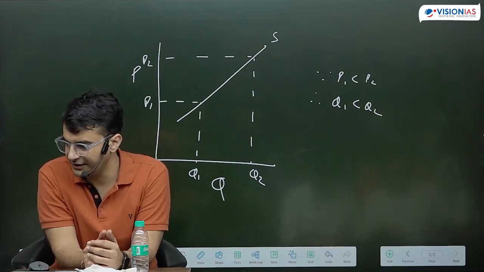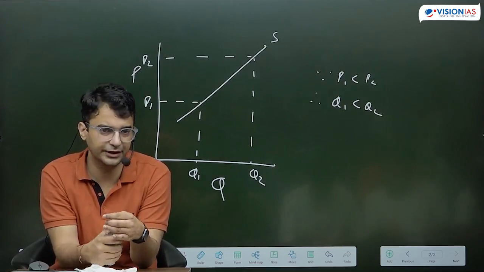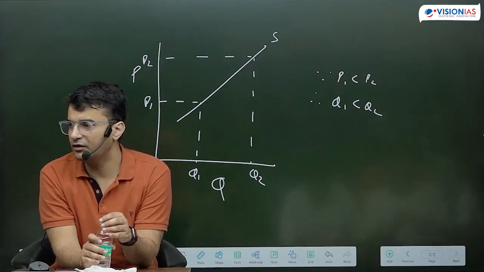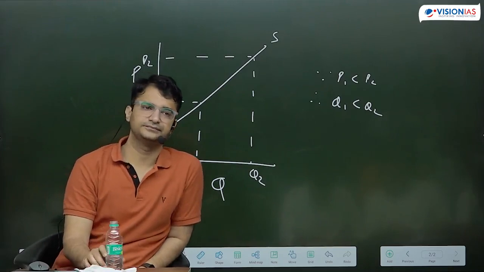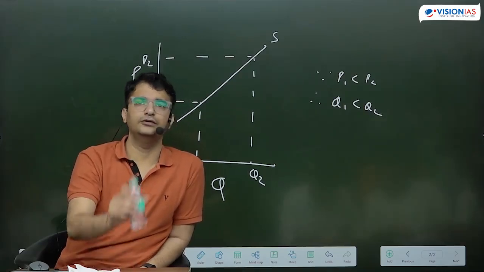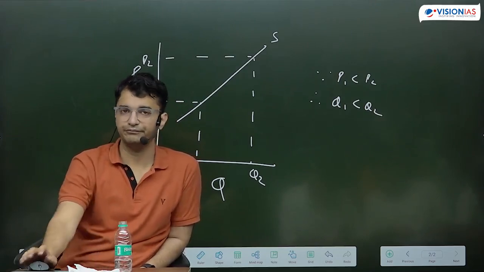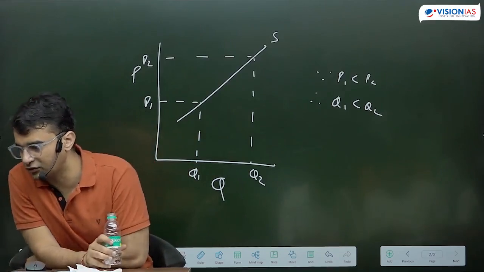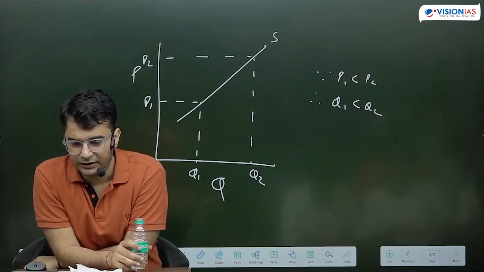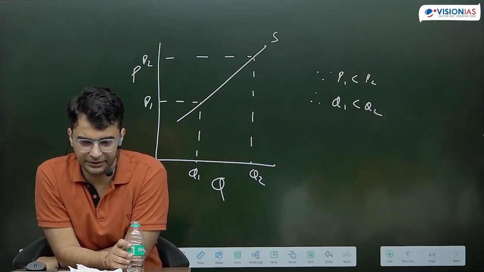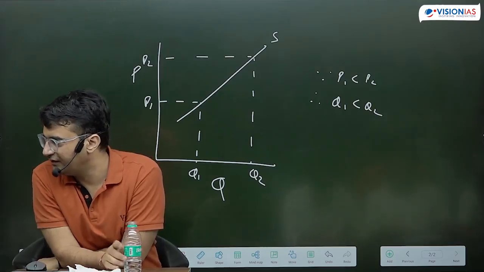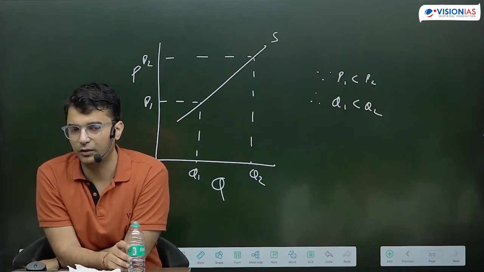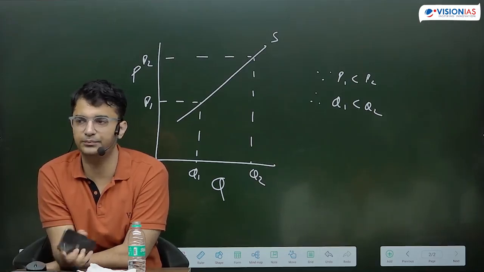It states, dash, write in quotes: assuming all other factors that determine supply of a good, except price, as constant, the quantity supplied, QS, varies directly with price.